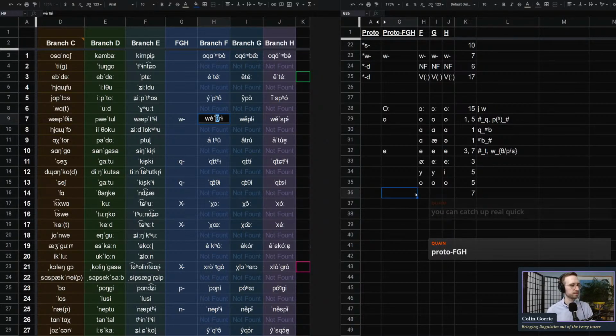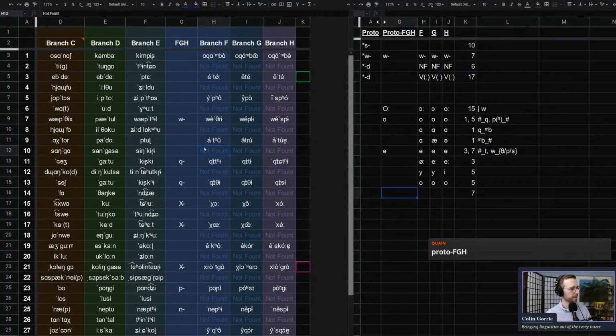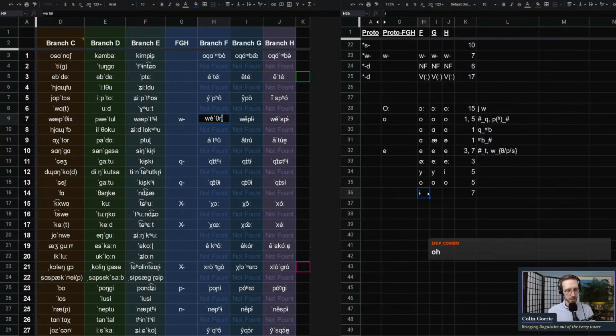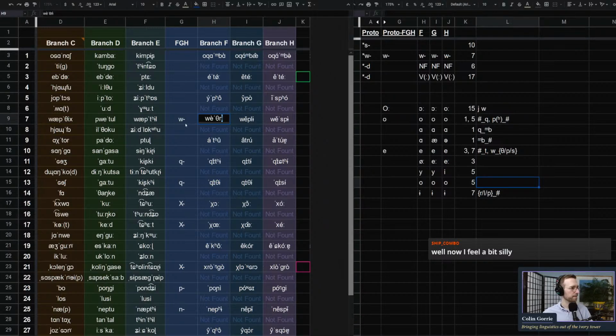All right. What else? We got to 7, right? So we have this high central vowel showing up, and that is good. That's showing up after R, L, P, and this is showing up after.